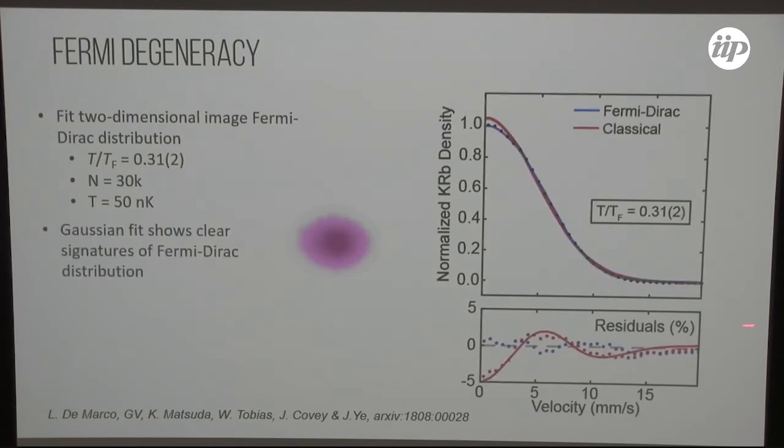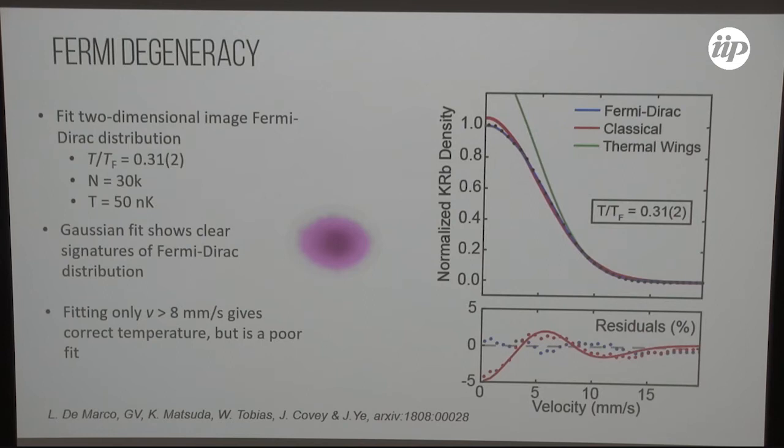And as we fit the same cloud with a classical fit, you can see that the fit overestimates the density at the center, and the residual has the typical oscillating shape, with ripples in the residual as you move away from the center of the cloud, which are the hallmark of quantum degeneracy for the fermionic species.